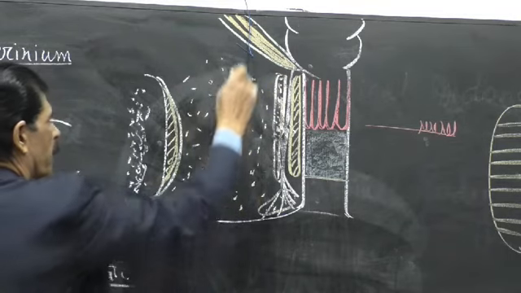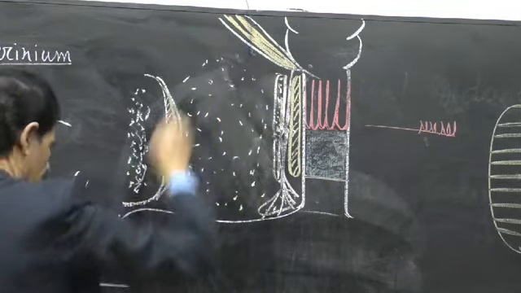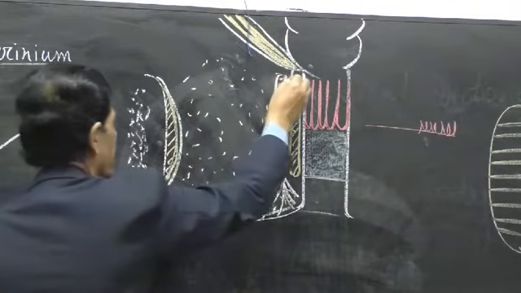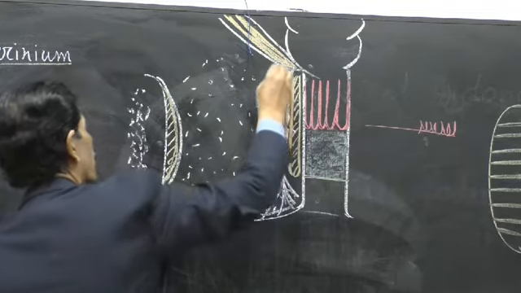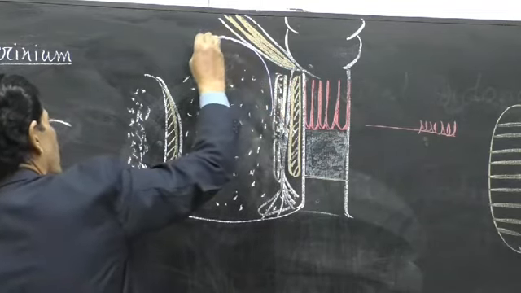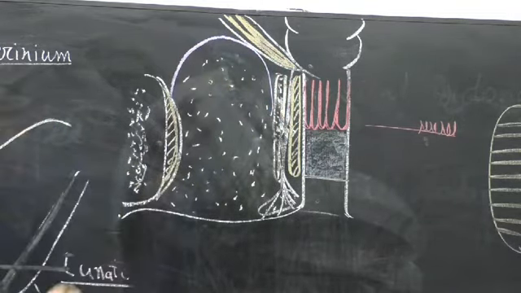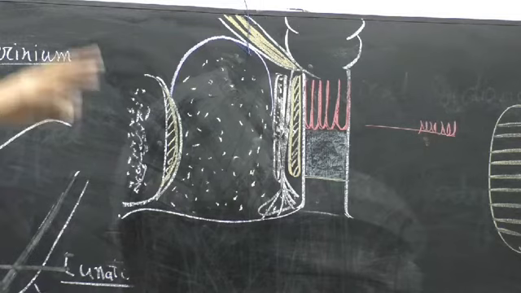Skin, superficial fascia, and what do you expect here? Deep fascia. And this deep fascia is not horizontal. It becomes convex because we have stuffed so much fat in it that it becomes moon shaped.